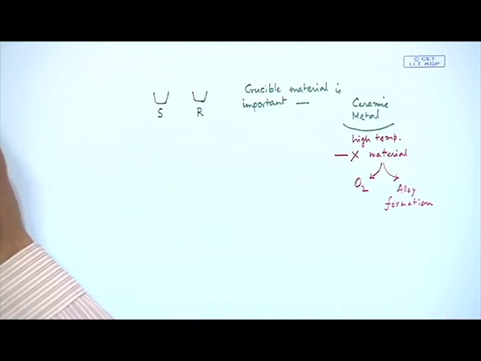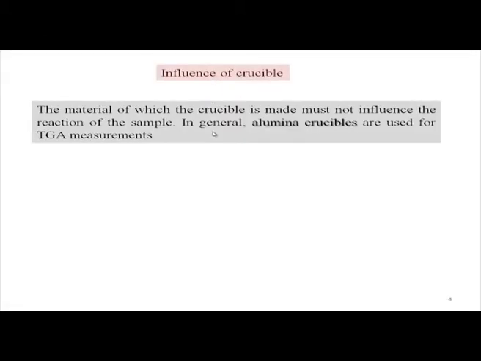So, how we can change the corresponding nature of this crucible and the choice of those crucibles. So, the material we are analyzing for your TG or DTG analysis is taken in the crucible, and it should not influence the reaction of the sample. That means, it should not react with the sample material at high temperature. Most of the time we take Al2O3, which is alumina in one particular form.